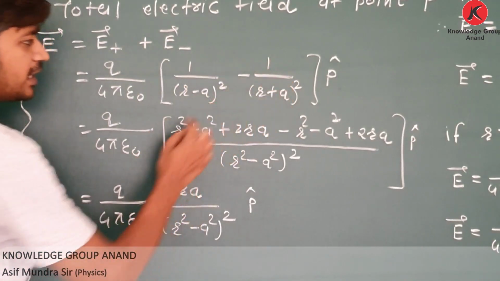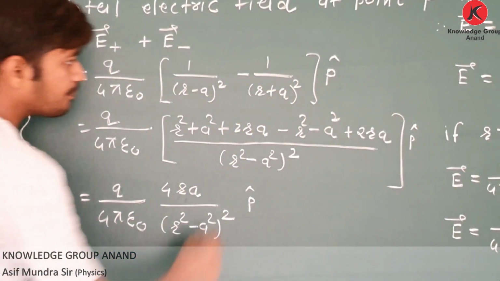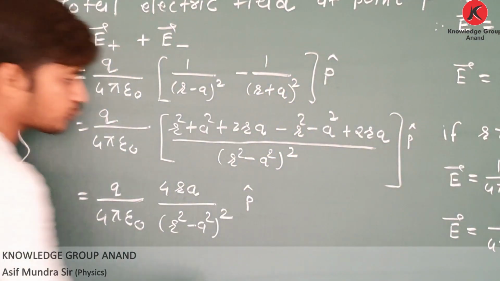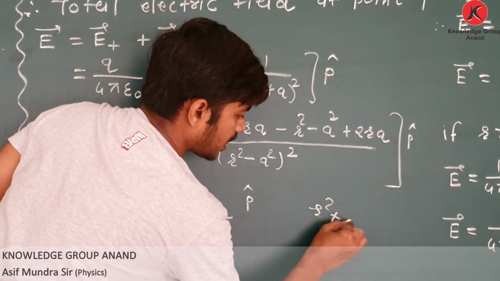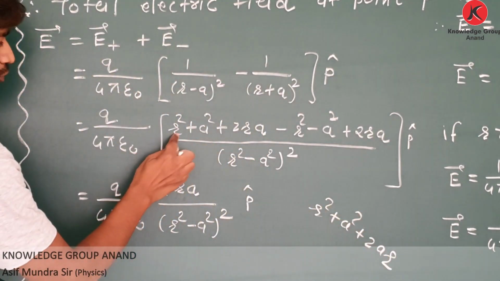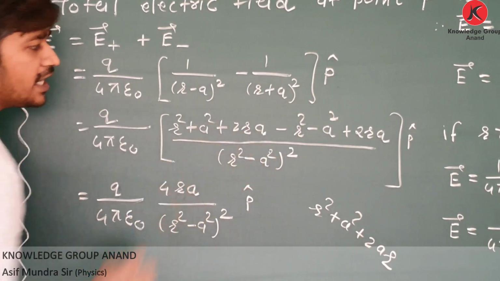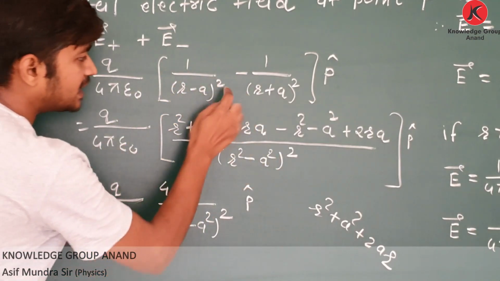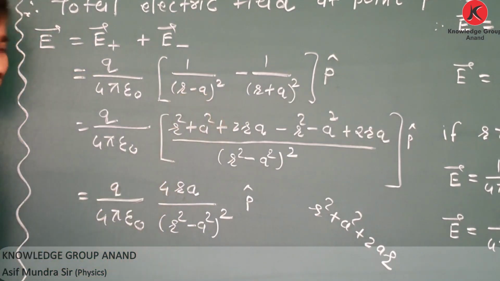Now cross multiplication. See carefully. What is r plus a whole square? We know that it is r square plus a square plus 2ar. Then there is a negative sign with r minus a whole square. What is r minus a whole square?